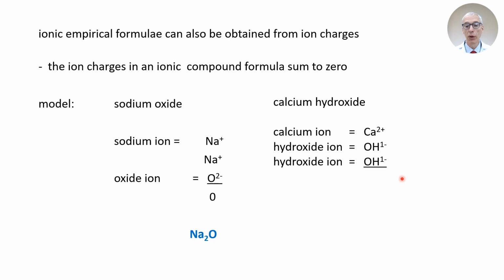So our formula would be calcium once, hydroxide twice. Now we use a bracket here because we need oxygen and hydrogen twice. So to convey the idea that we've got 2 hydroxides, we bracket the oxygen and the hydrogen and then put a subscript 2.